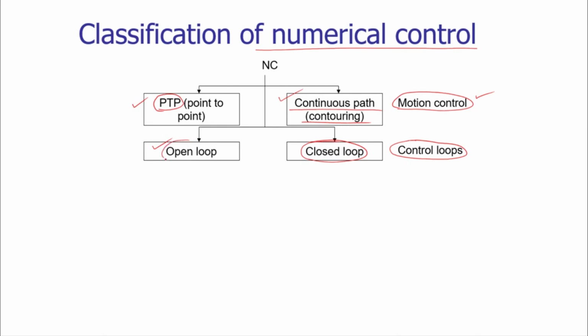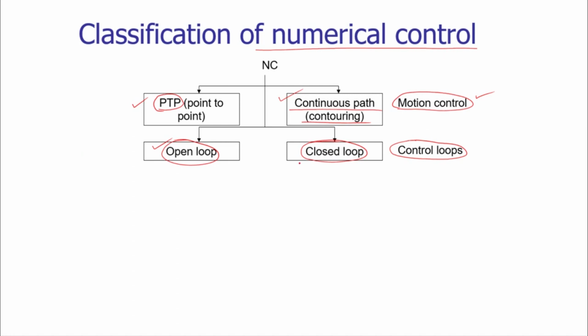In open loop, there is no feedback from the output devices. The motors are rotating and they are converting the rotary motion into the translatory motion of the work table, but there is no feedback from the movement of the work table.